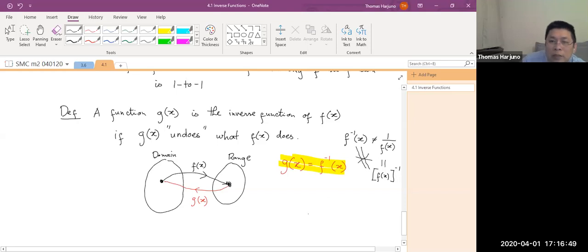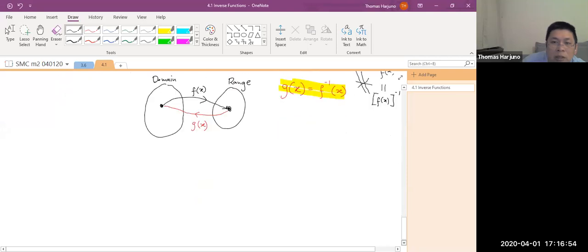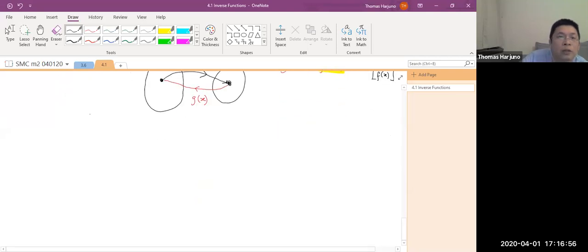Now, for example, how do we use this idea? Suppose f(x) has to be a one-to-one function. It implies we have an inverse function, right?